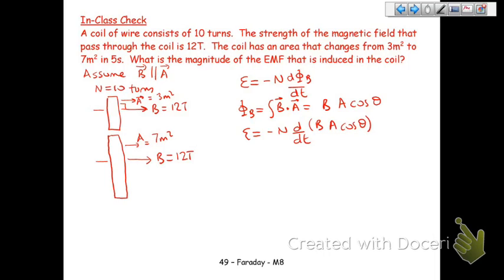And then we take out everything that's constant. So we have minus N, of course that's constant. In this case we're not changing B, so B comes out. And we're not changing the angle, so the cosine theta comes out. And that goes dA by dt, which equals minus N B cosine theta, A final minus A initial over delta t.